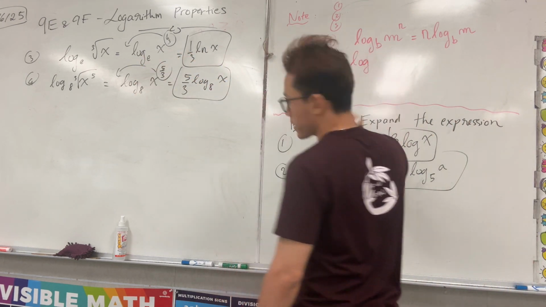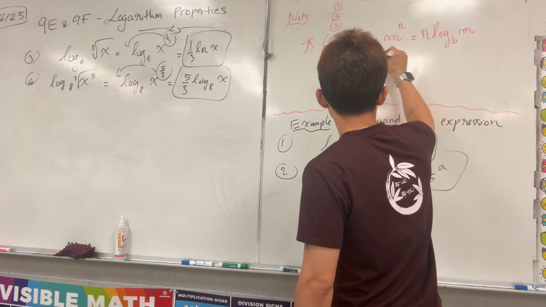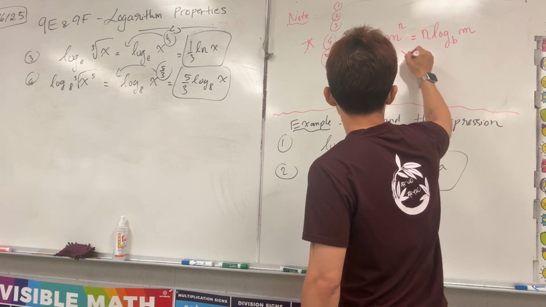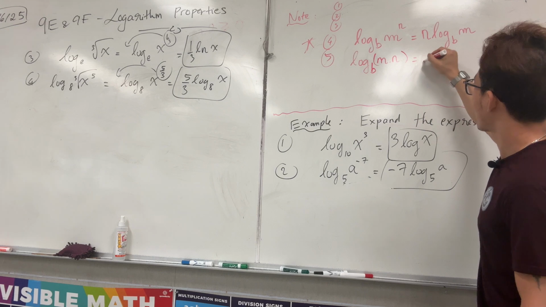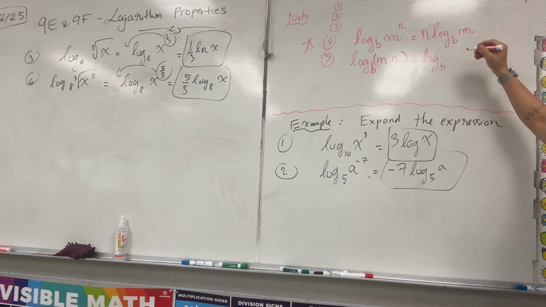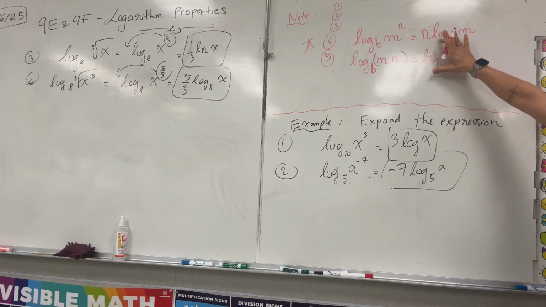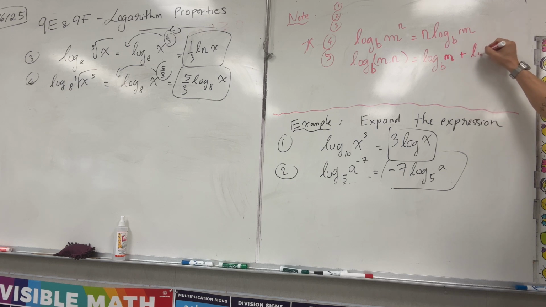Okay, number 6. If you have log, let me stick with the letter, still base b of m times n, it's going to be log base b of m plus log base b of n.